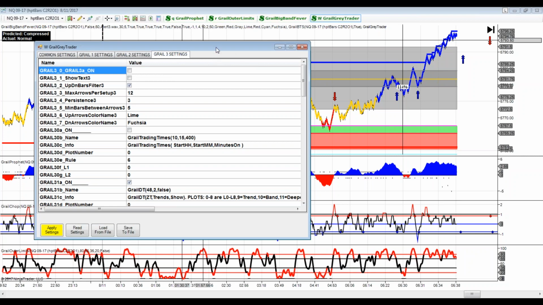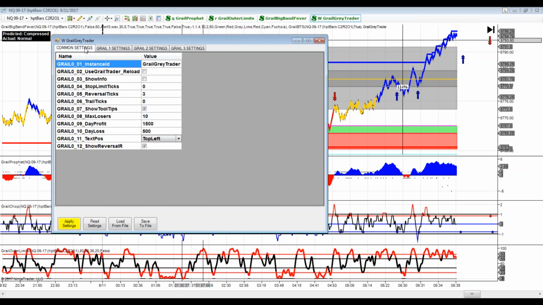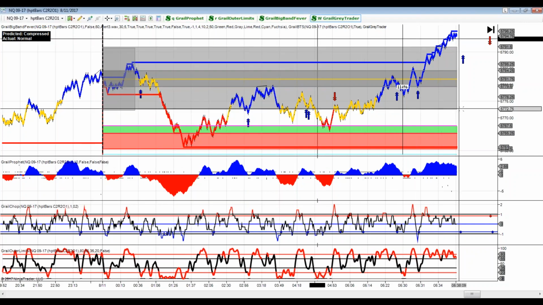Now, just like the Grail and just like the Grail Big Band Trader, the Grail Gray Trader also has the ability to trade using the trader. You would just go ahead and do the reload, check the button, click apply, and then reload NinjaScript, and it would appear again.